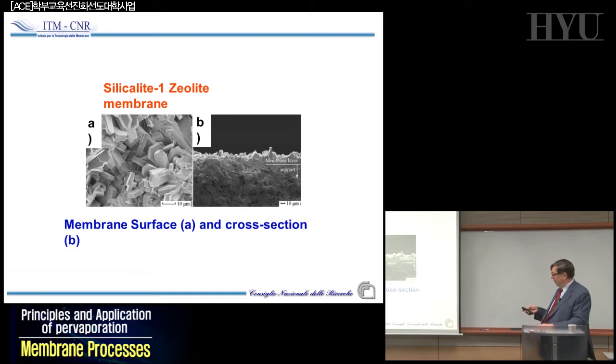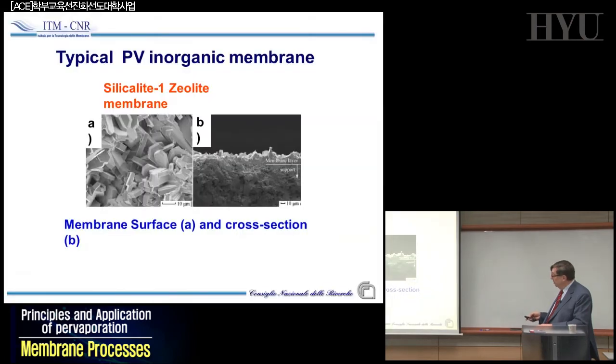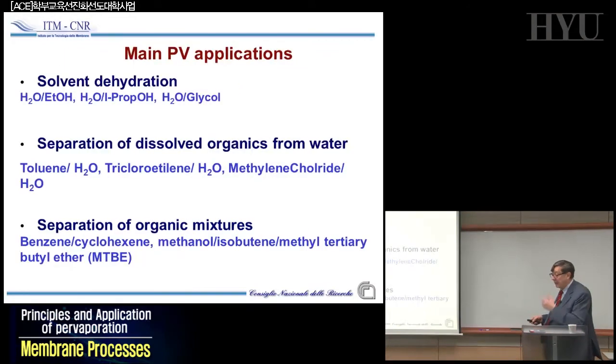They probably did not make too much money in this area, but they were suggesting huge plants just for using these membranes in big plants for bioalcohol production, to remove all the water so you can use it in your engine, avoiding destroying your engine too quickly.